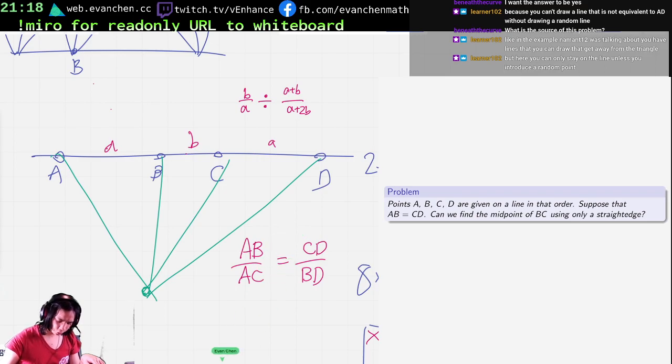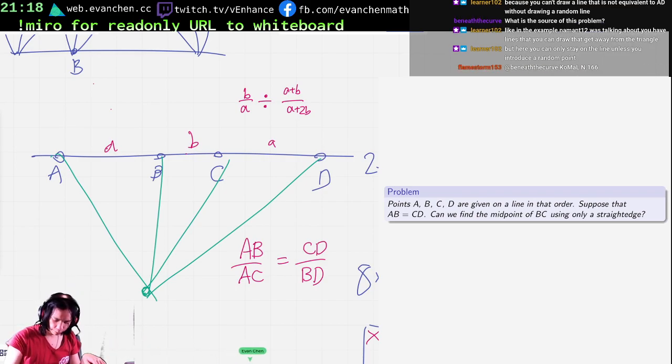So I guess the question boils down to the following. I think the AB equals CD is a bit of a red herring, because this cross ratio here can be basically any number, right? There isn't really a constraint on it. So I think the upshot is that by doing a projective transformation, the problem is really saying the following.